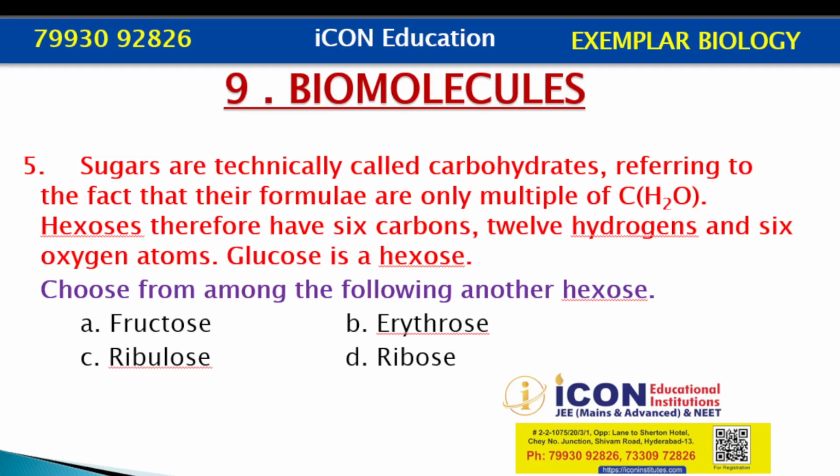Glucose is a hexose. Choose from among the following that is another hexose. So a hexose sugar will have C6H12O6. So glucose is a hexose sugar.